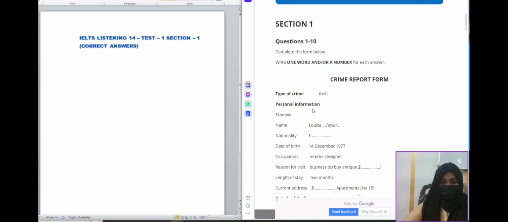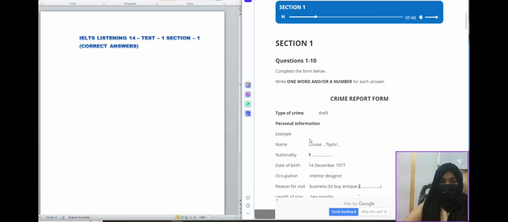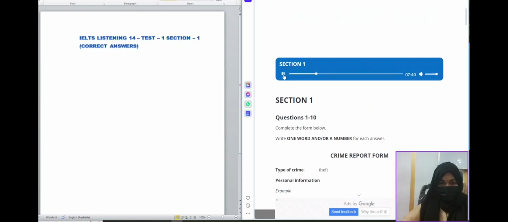I had some things stolen out of my bag yesterday. I'm sorry to hear that. Right, so I'll need to take a few details. Can I start with your name? Louise Taylor. Okay, thank you. And are you resident in the UK? No, I'm actually Canadian, though my mother was British. And your date of birth?